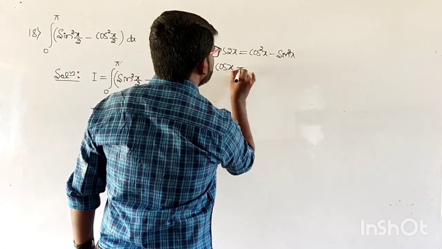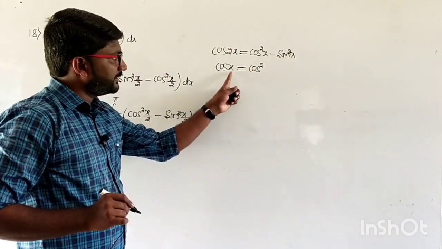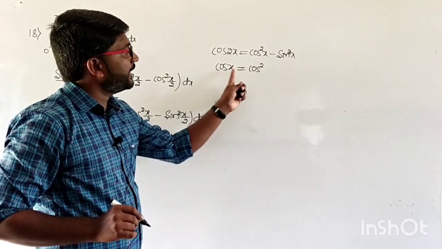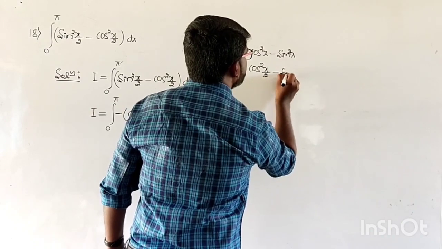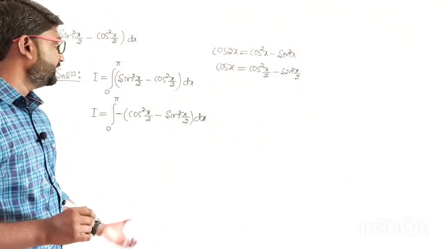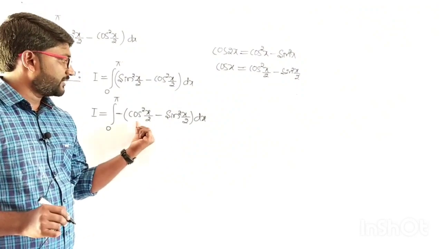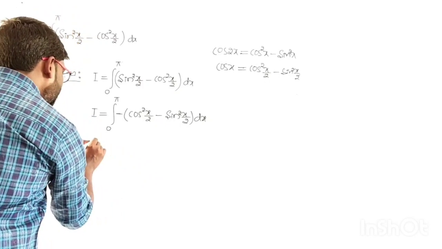Cos x which is equals to cos square, so whatever is there in the LHS, we have to take half of this. It is x by 2 minus sin square x by 2. So that is why I can write these two as cos square x by 2 minus sin square x by 2 as cos x.